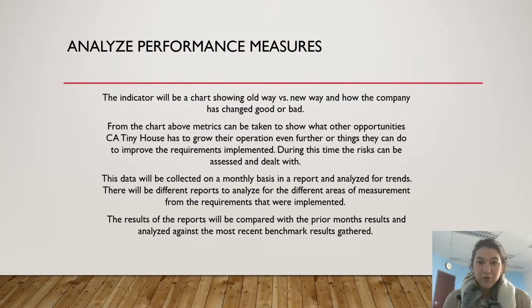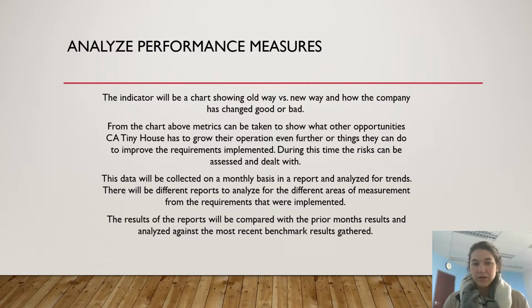For analyze performance measures, we use metrics and key performance indicators. This would be a chart showing old way versus new way and how the company has changed, good or bad. From the chart above, metrics can be taken to show what other opportunities California Tiny House has to grow their operation even further, things they can do to improve the requirements implemented.